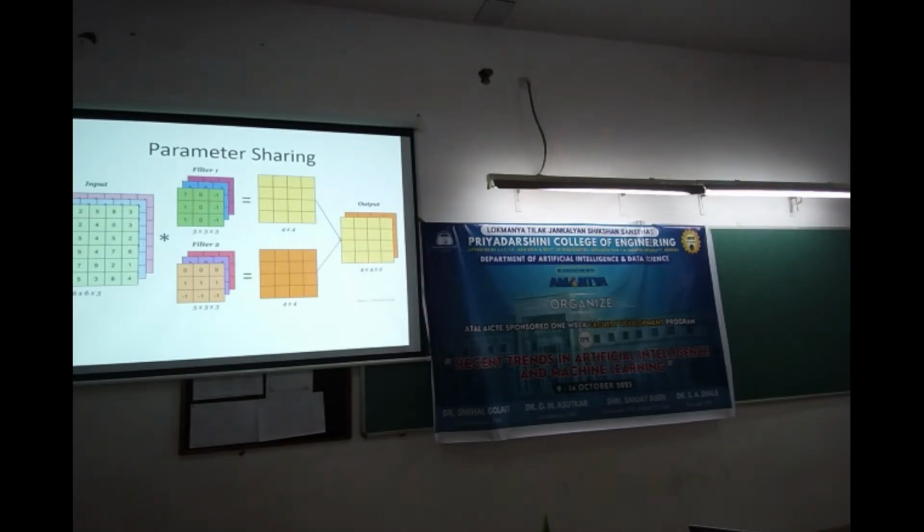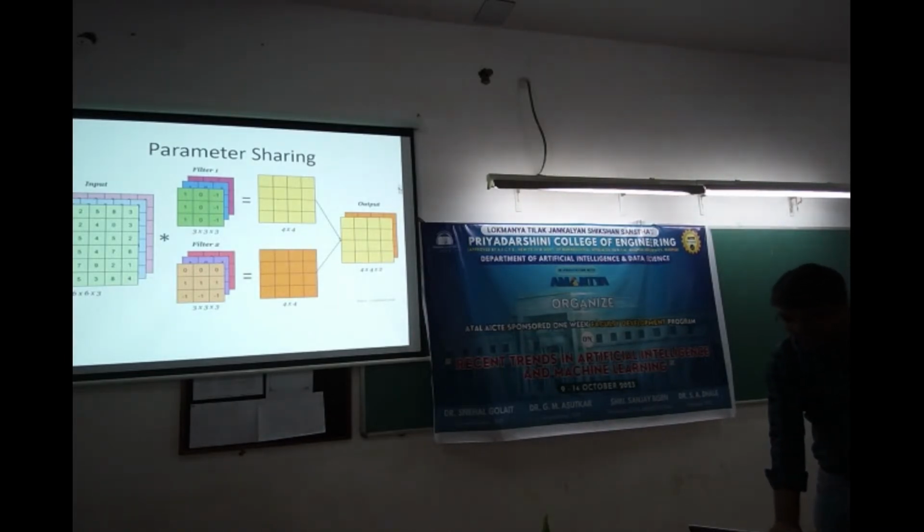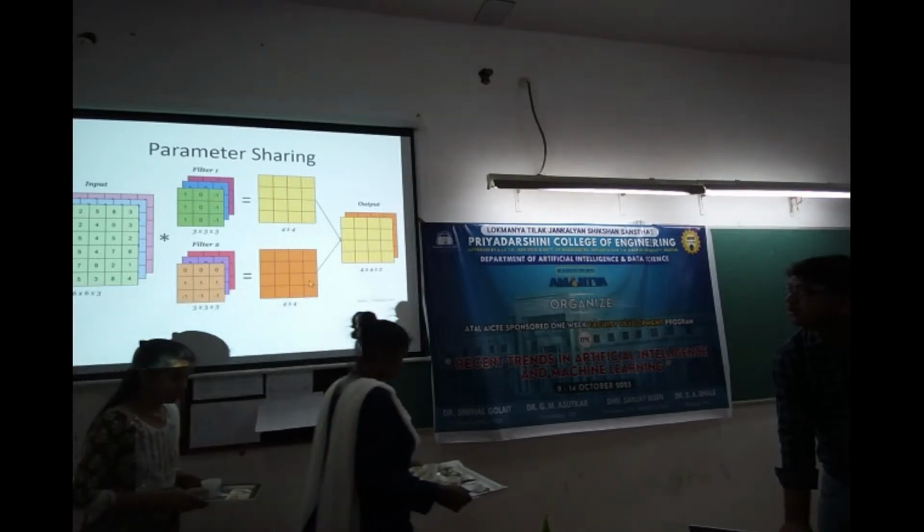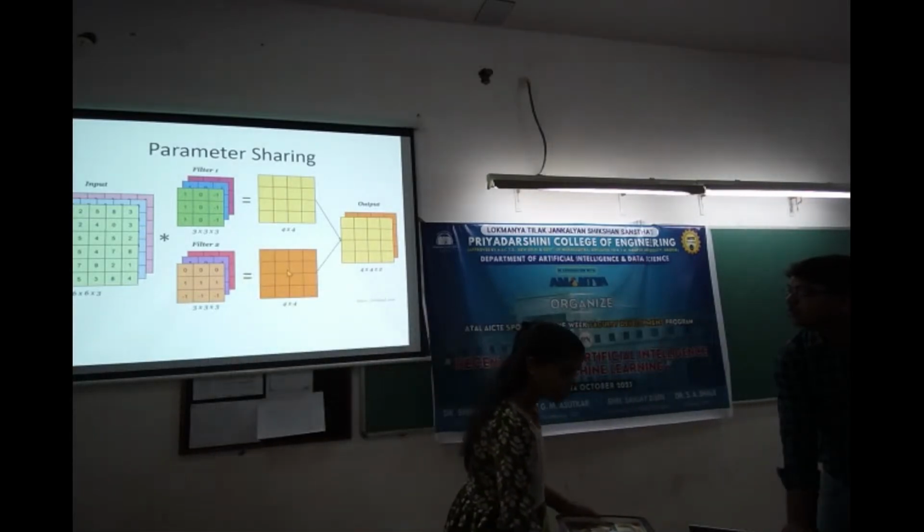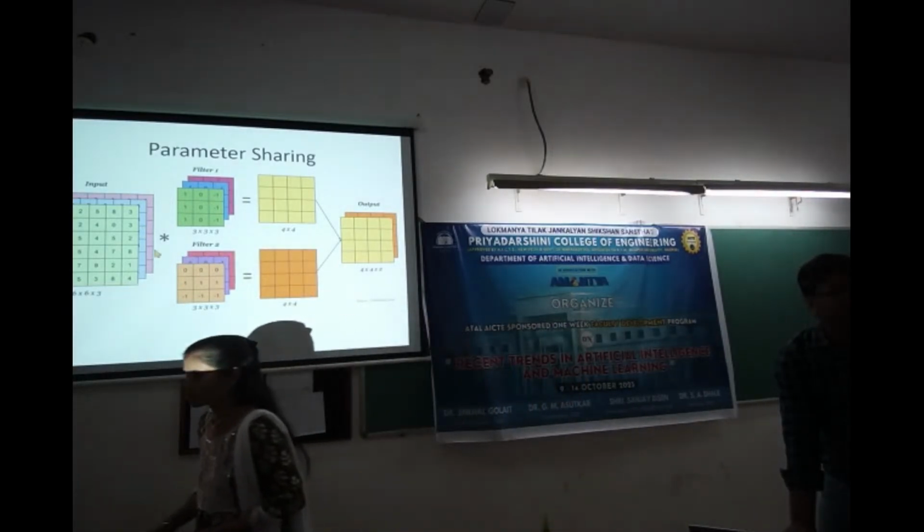On these 27 weights, we are having one bias. So the total number of parameters associated with filter 1 is 28. 27 weights plus one bias. So this is nothing but the output of applying filter 1 on this input, and this is nothing but the output of applying filter 2 on the same input.